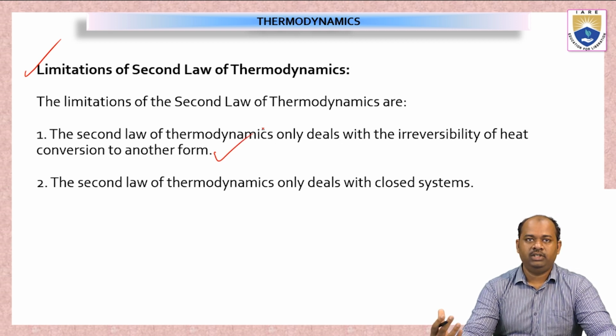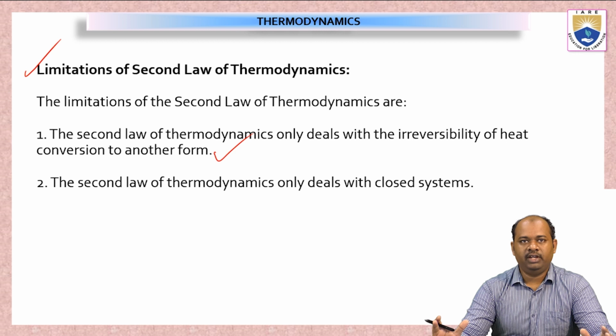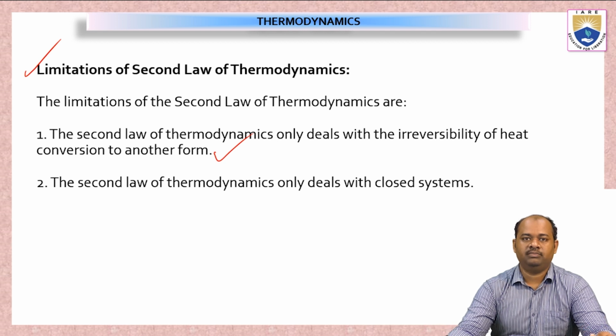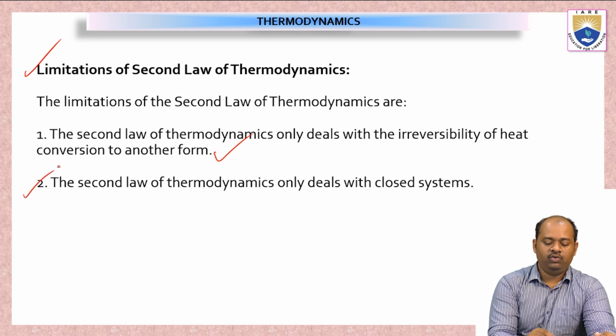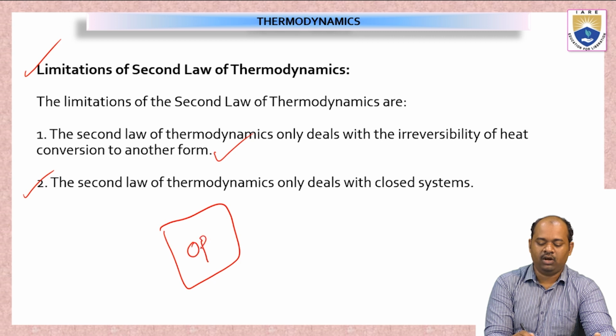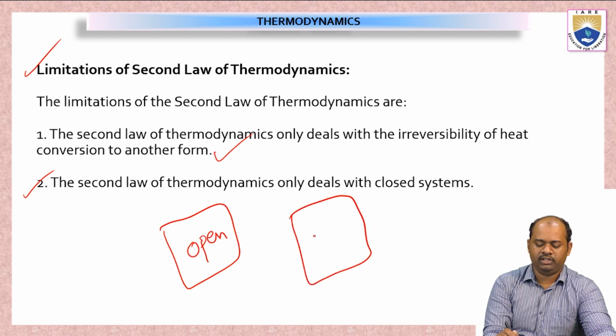The second law also only deals with closed systems. When I want to apply the second law to an open system, I cannot use it. I can apply it only to closed systems.